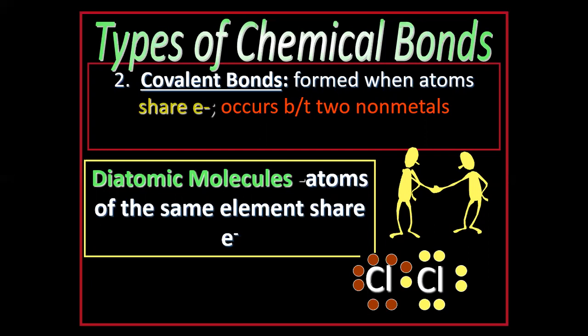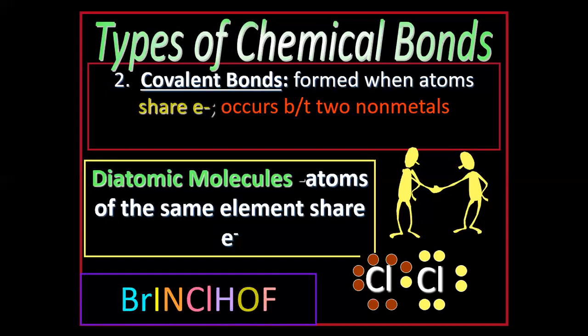A single chlorine is unstable, having 7 electrons in its outermost shell, so it shares an electron with the other chlorine atom, and the resulting chlorine becomes stable because 8 electrons surround each chlorine atom. In other words, each chlorine attains the noble gas electronic configuration, having 8 electrons in its valence shell.